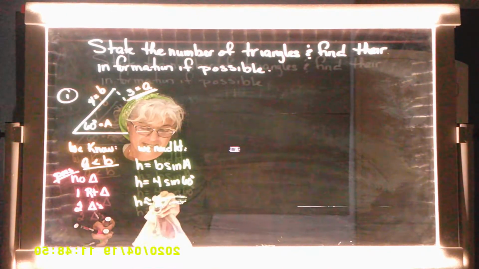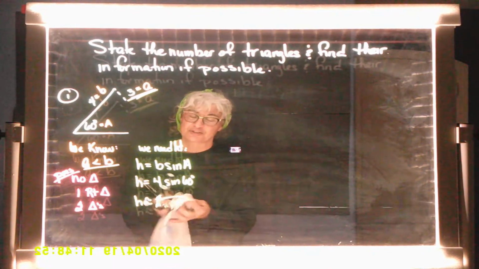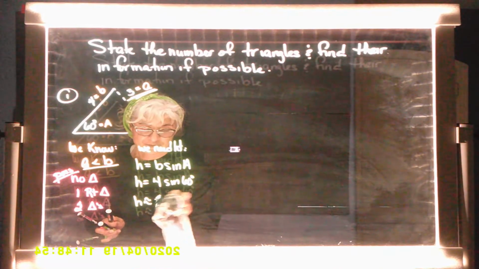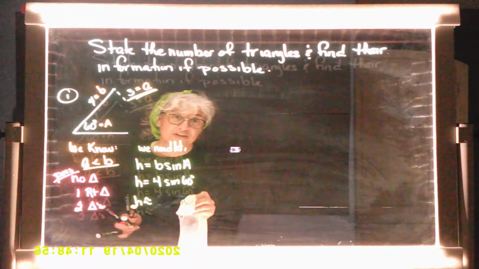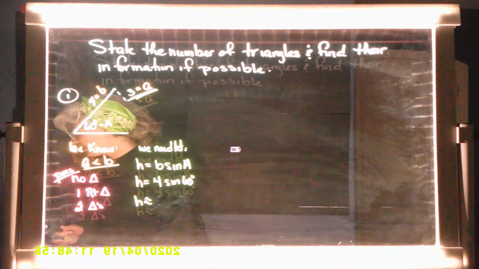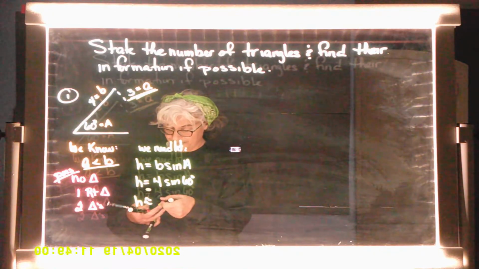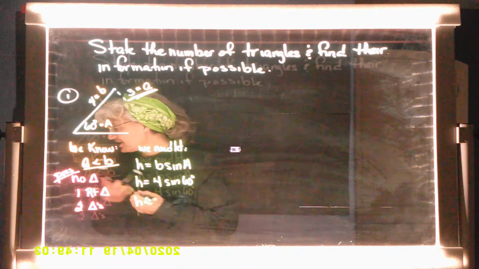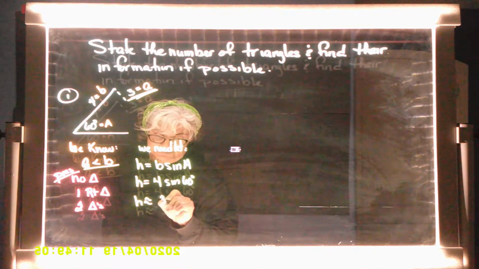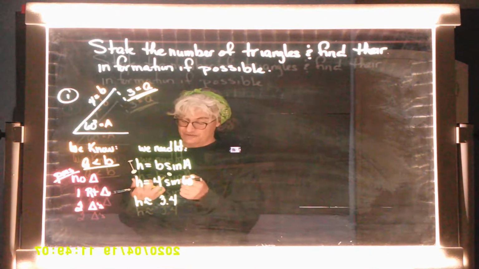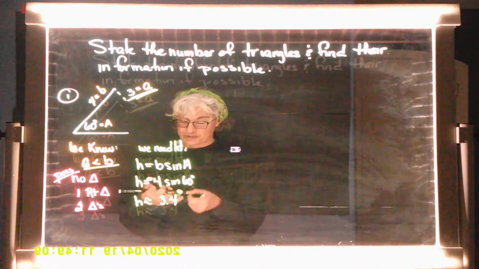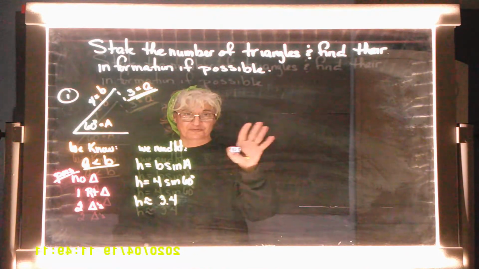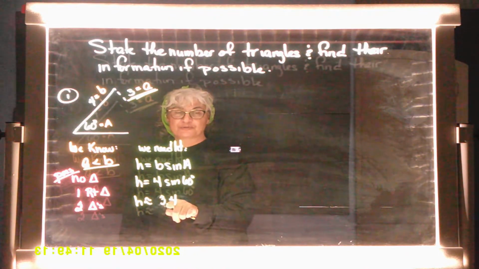Because you're probably going, hey, I didn't get that number. Oh, that's good. You weren't supposed to get that number. You're supposed to get this number. That's what I get for not looking at my notes. You get that the height is approximately 3.4. One digit off will make a huge difference. Okay, so once again, forgive me. The height is 3.4.